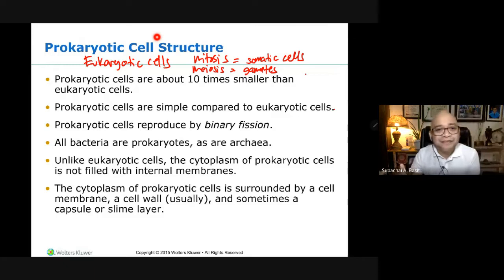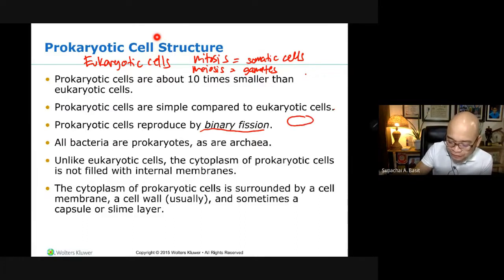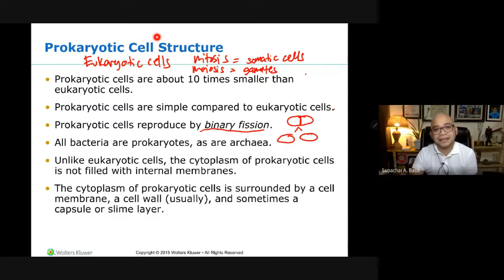However, for prokaryotic cells, they divide by means of binary fission. It's so simple that, for example, this is the bacteria, then they will simply split, and then you'll now have two bacteria. And it can happen every 30 minutes.